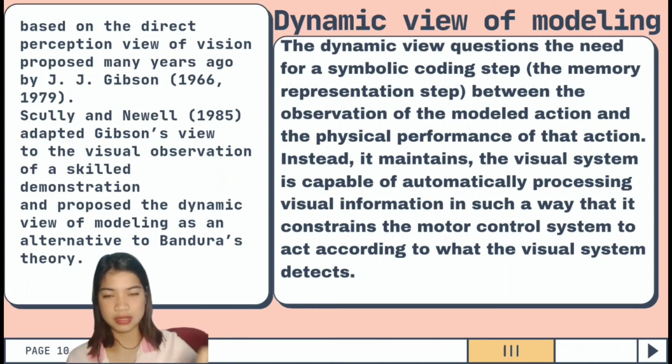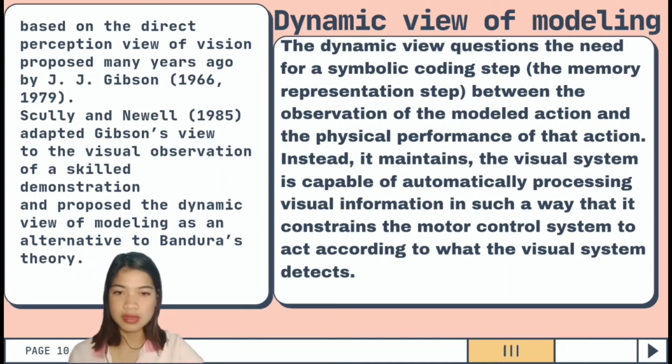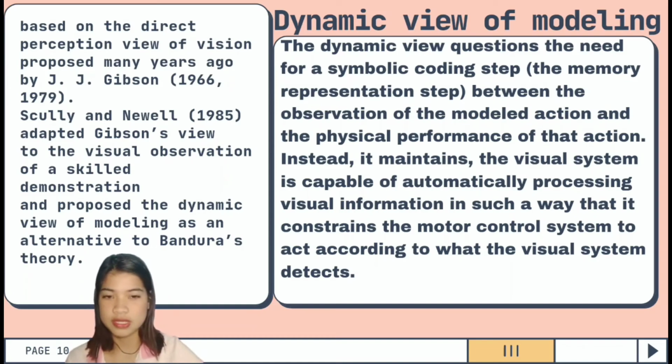So the visual system picks up from the model salient information that effectively constrains the body and limbs to act in a specific way. So the person does not need to transform the information received via the visual system into cognitive code and store it in memory. This is the case where the visual information directly provides the basis for coordination and control of the various body parts required to produce the action.